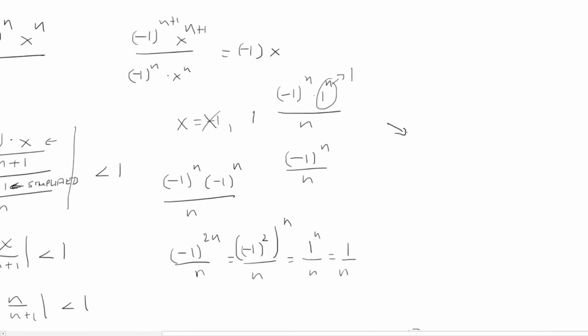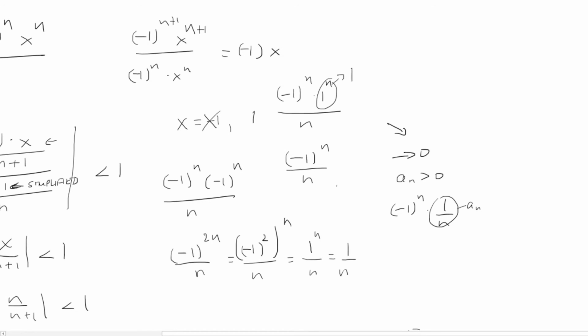It has to be decreasing. The limit has to go to 0. So let's check that. Oh, and also a sub n has to be positive, right? So you would just have negative 1 to the n times 1 over n, and this part would be the a sub n.